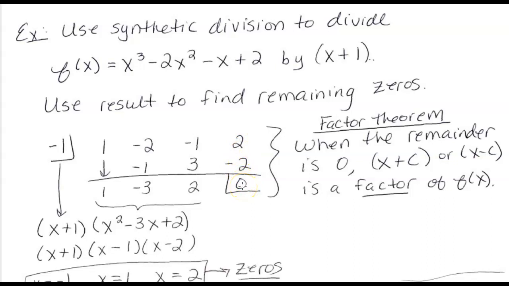Add, it's a 0. All right, so that brings us to our last theorem that they talk about called the factor theorem. And it says when the remainder is 0, then the x minus c or x plus c, whatever we were dividing by, would be a factor of the polynomial.